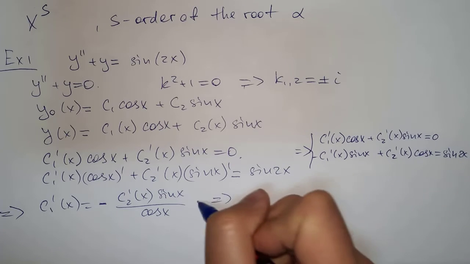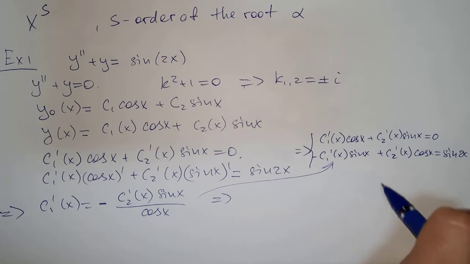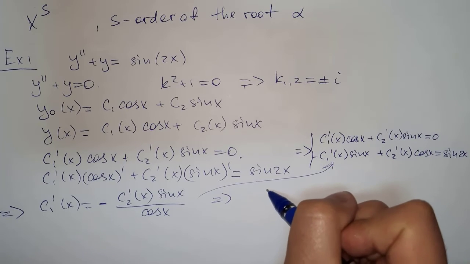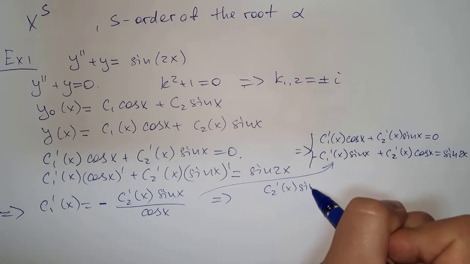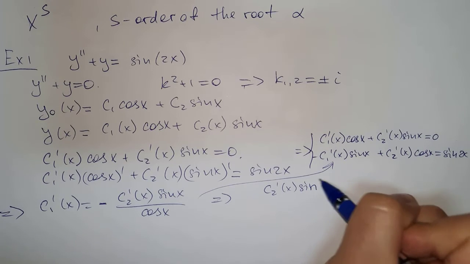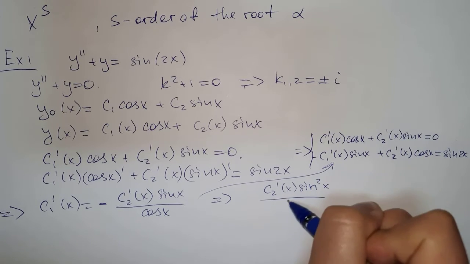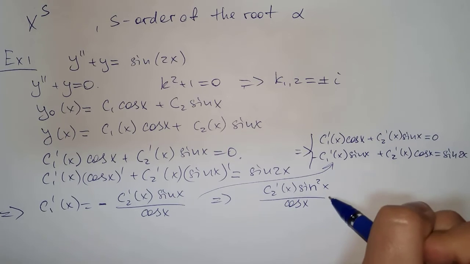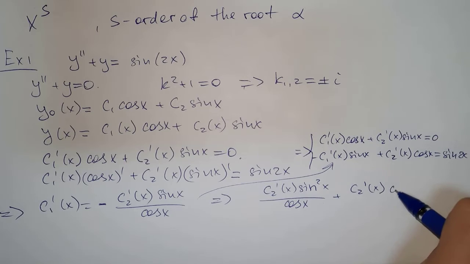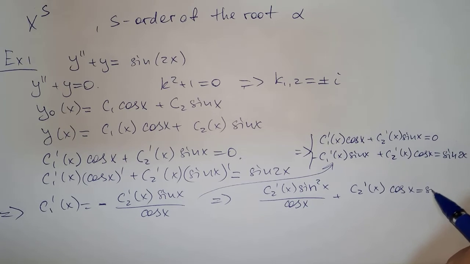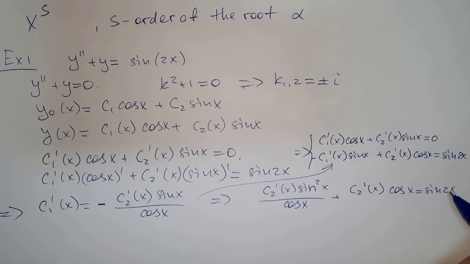So c2 prime of x sine square x over cosine x plus c2 prime of x cosine x is sine 2x.